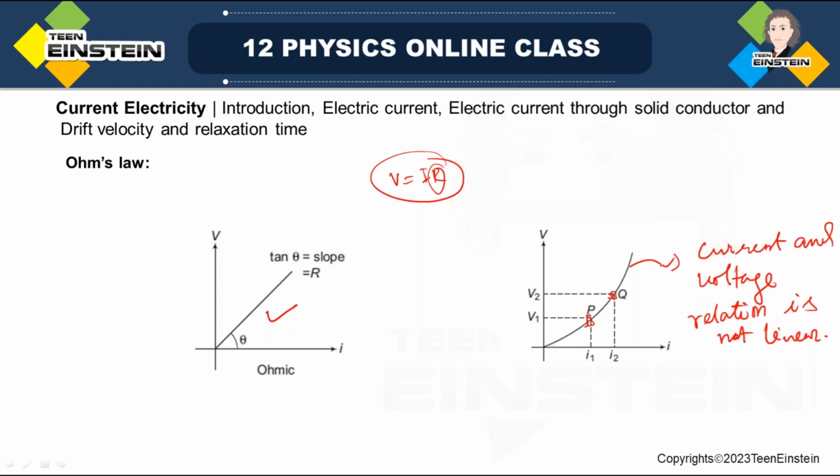Since the slope is changing, the resistance also will change with that slope. So that's why there is no linear relationship between current and voltage in the case of certain materials like semiconductors, diodes, etc.